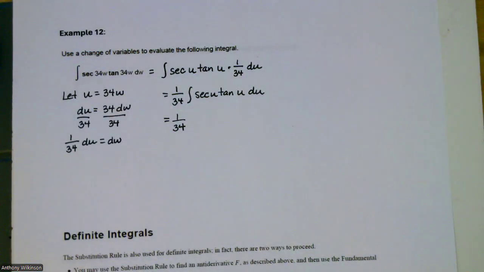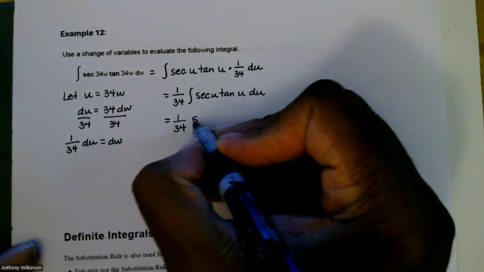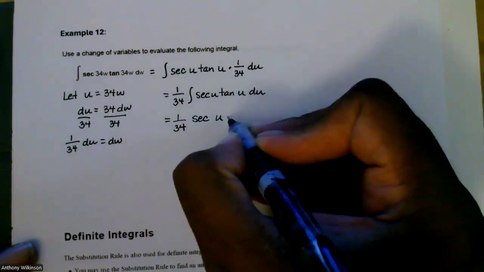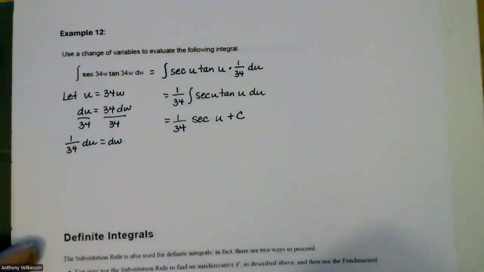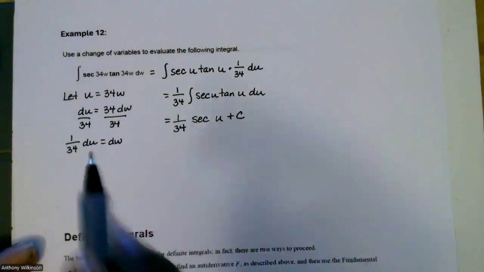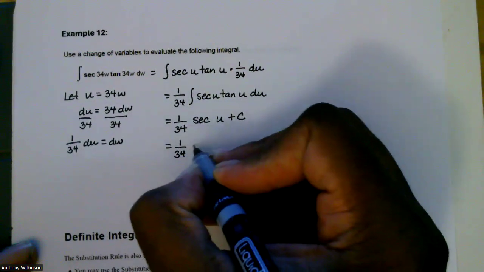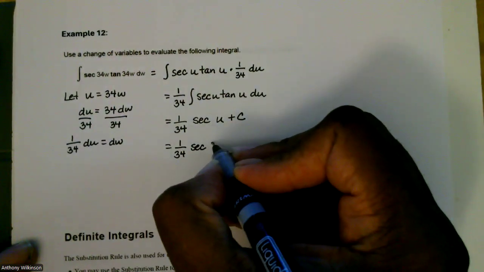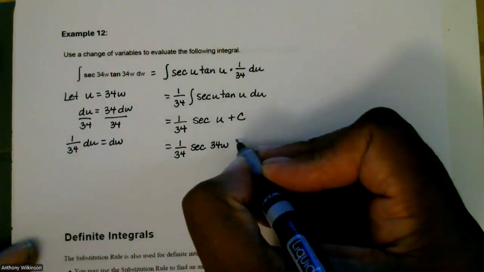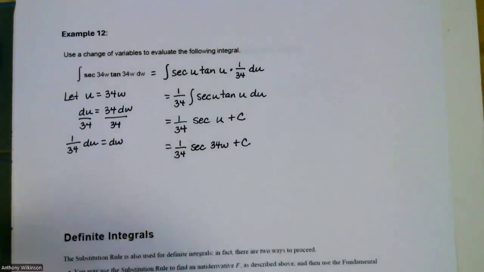So in this case, this will be the secant of u, plus c. Now doing the back substitution, that u was 34w. So it'd be 1 over 34 times the secant of 34w, plus c. And that's all there is to it for that example.